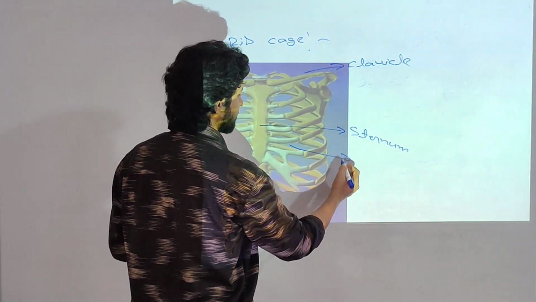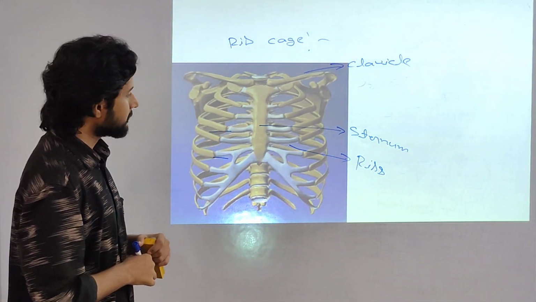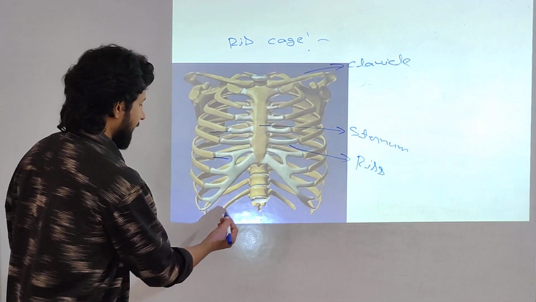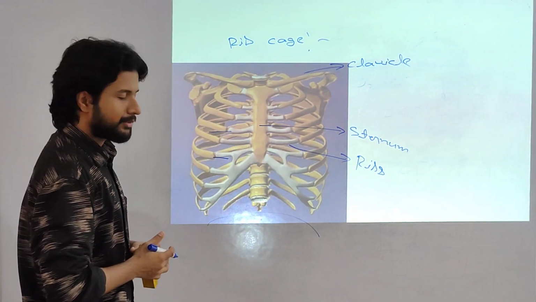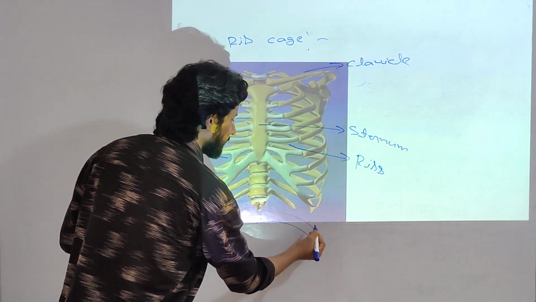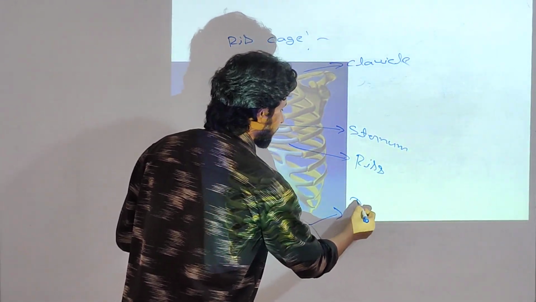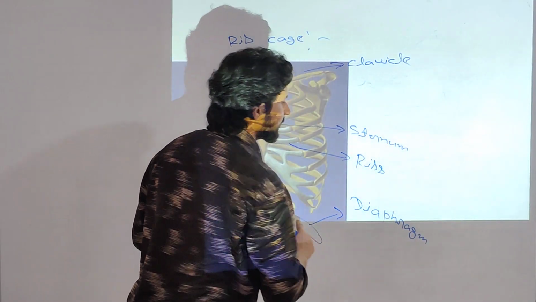These are ribs. At the posterior end of this rib cage, you will find a sheet of muscle which is called diaphragm. It's a diaphragm.